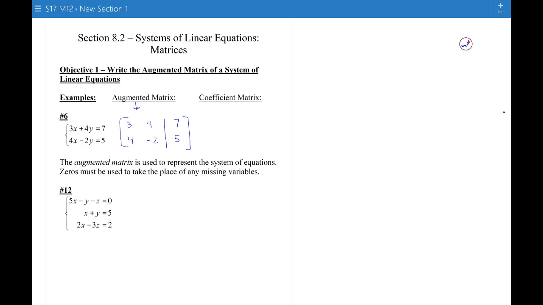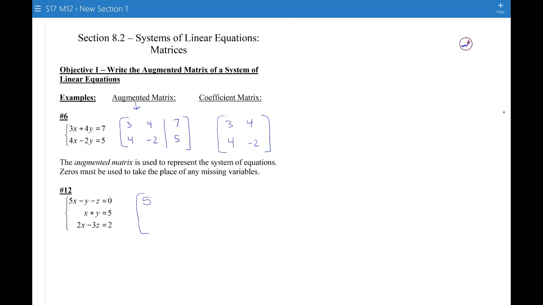So in the background are the variables, the pluses, and the equals, but we don't write them, they're understood. So this is way more efficient when you're using a computer to solve linear equations. So just the coefficient matrix would be the 3, 4, 4, -2, without the constants, the 7 and the 5. So the augmented matrix represents the system of equations. If you're missing any variables, you need zeros to be placeholders.